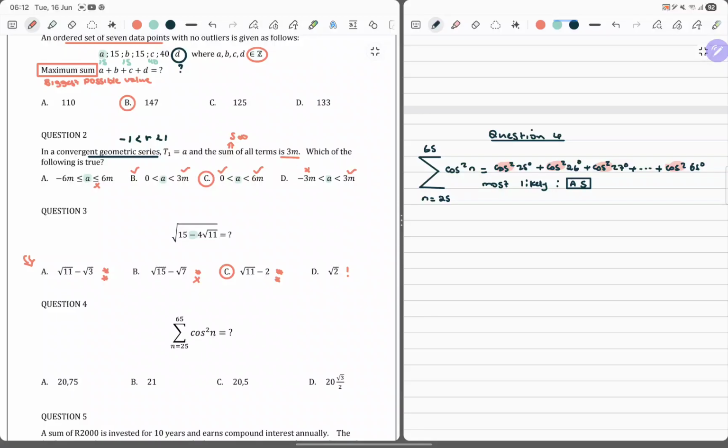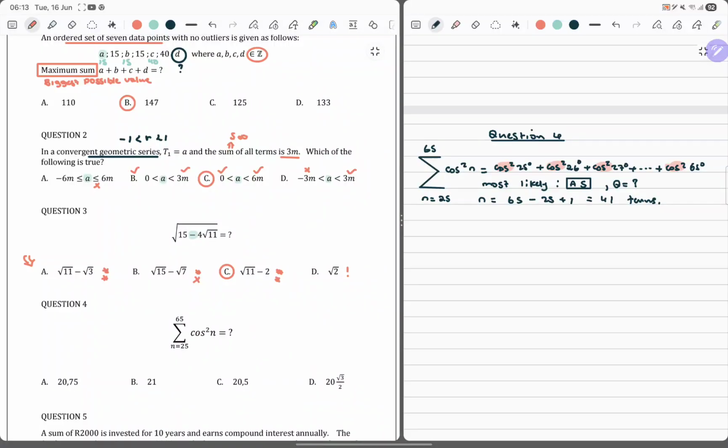Although it's very difficult to express what the common difference would be. It's not so easy. But let's just go for it. Sometimes you just have to go with the flow. What would be the number of terms? We take the top, we subtract the bottom, we add 1. So this is 40 plus 1, which is 41. So there's 41 terms in here.